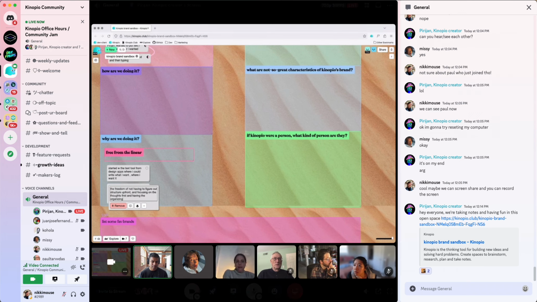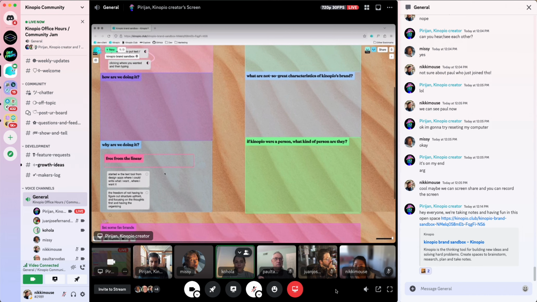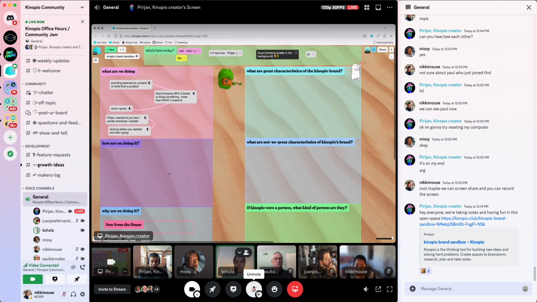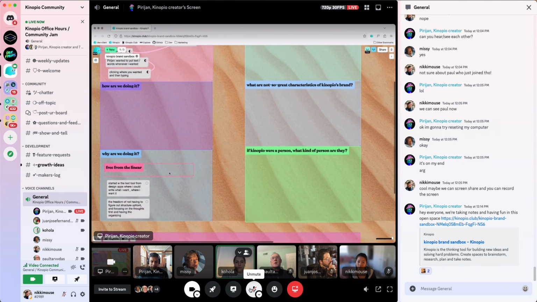I don't know how we want to incorporate that, but there was this organic development with Kinopio, where users can adapt it to whatever they want to express. And the magic and beauty of it is that there is no prescription as to how you should be using this tool.